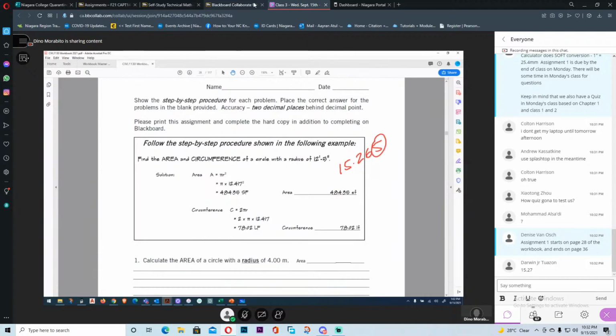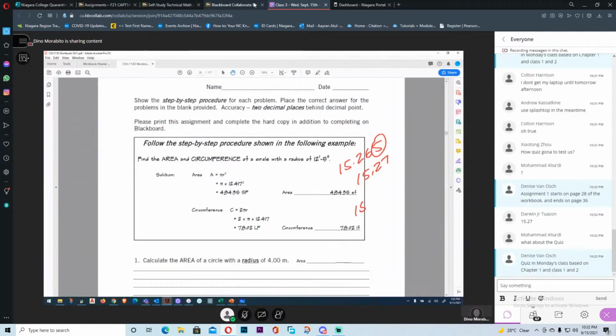The last number being 5 or greater means that my answer is 15.27. If my answer was 15.263, then when I round that to 2 decimal places, it would be 15.26. Okay? That's as simple as we get. We're not looking for significant digits and that type of thing. It's simple rounding for us.